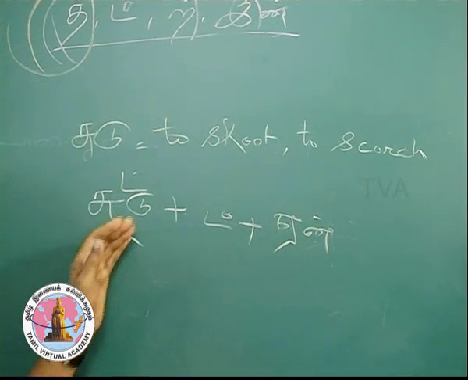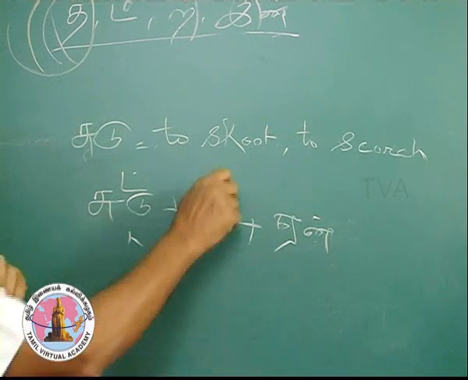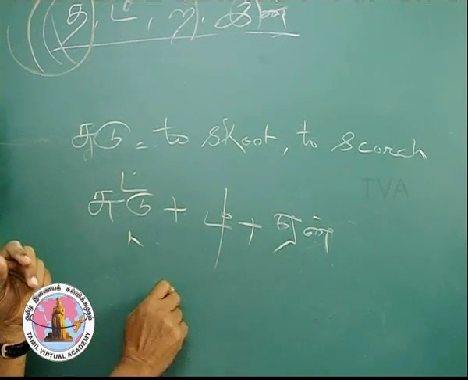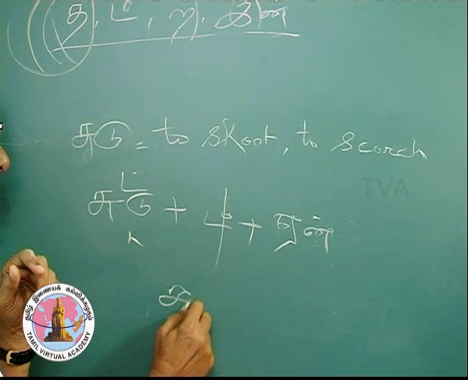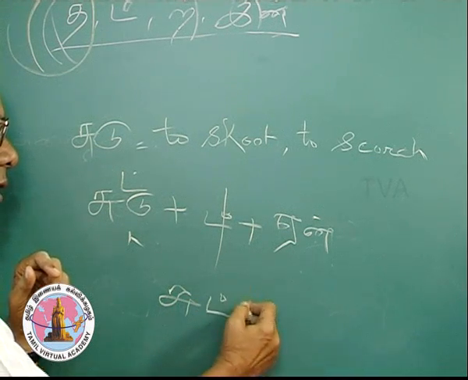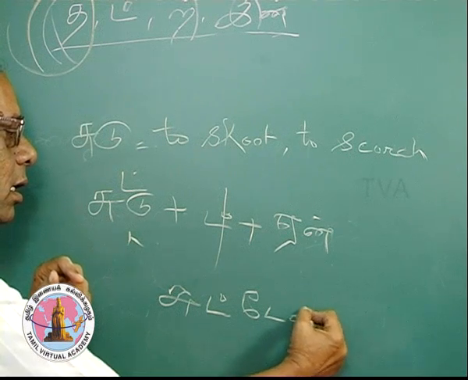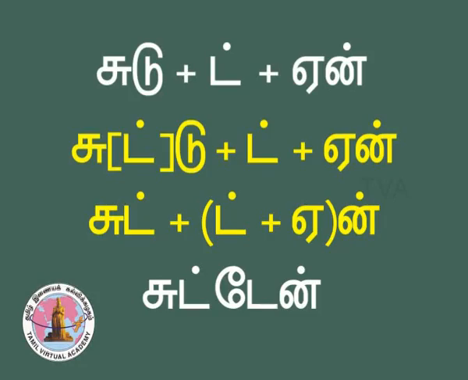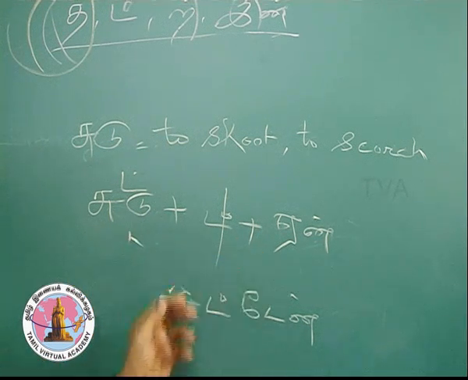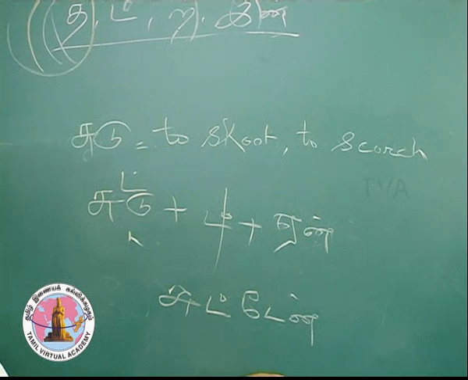Shudu becomes shuttu and takes up ain. Shuttain. Shuttu plus ain, shuttain.